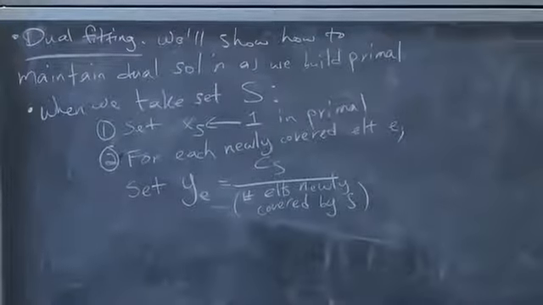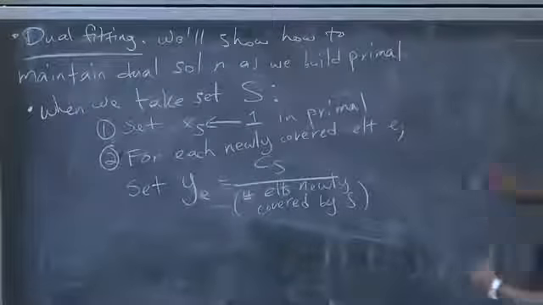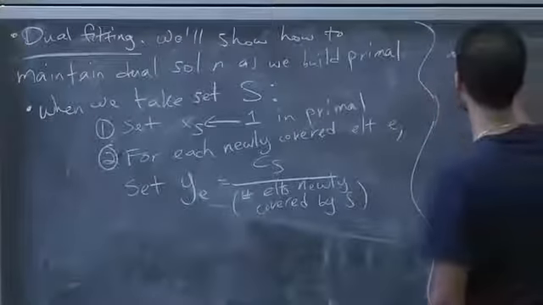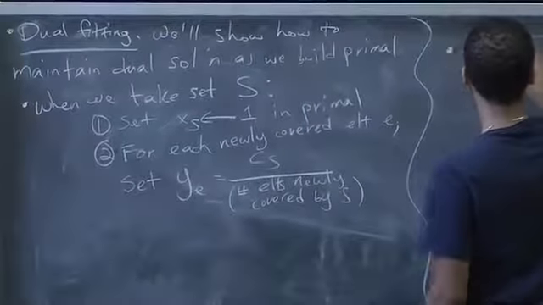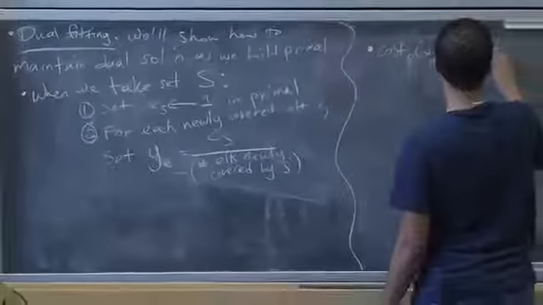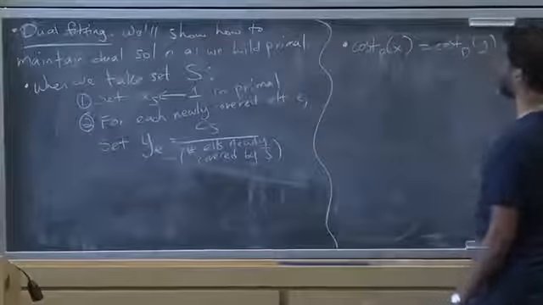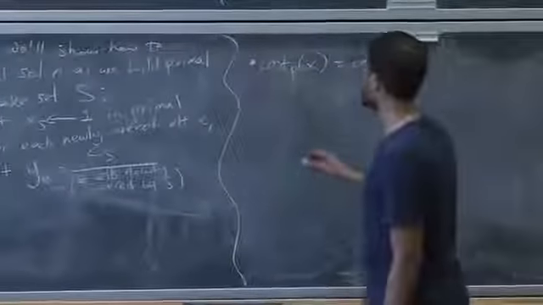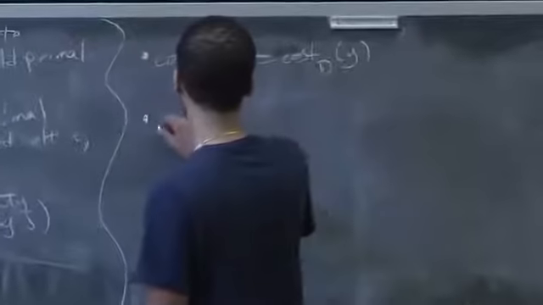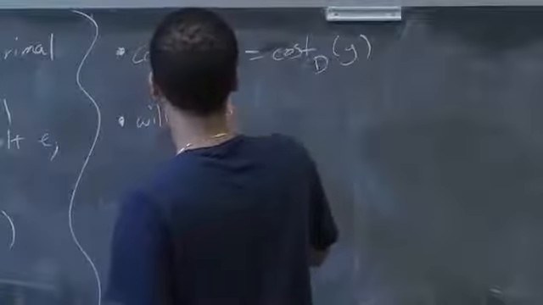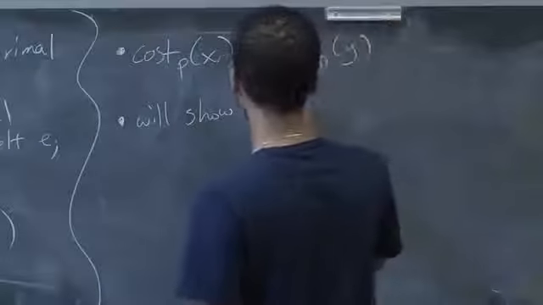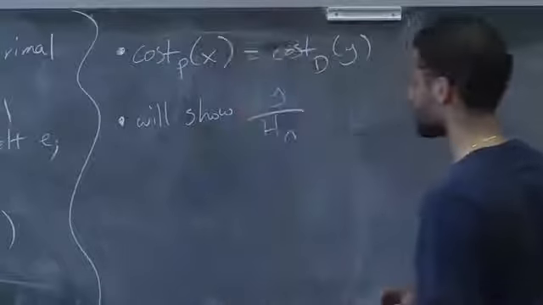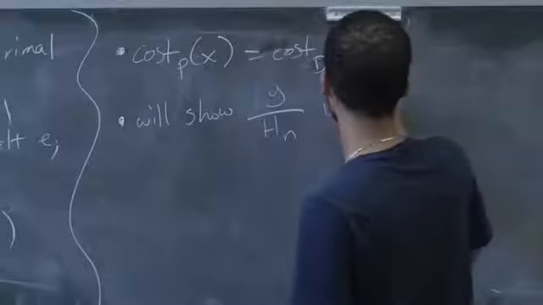Okay, so let me write down some observations. First of all, the cost in the primal of x is the cost in the dual of y. We've rigged it that way. And we'll show that y over the nth harmonic number is feasible for the dual.